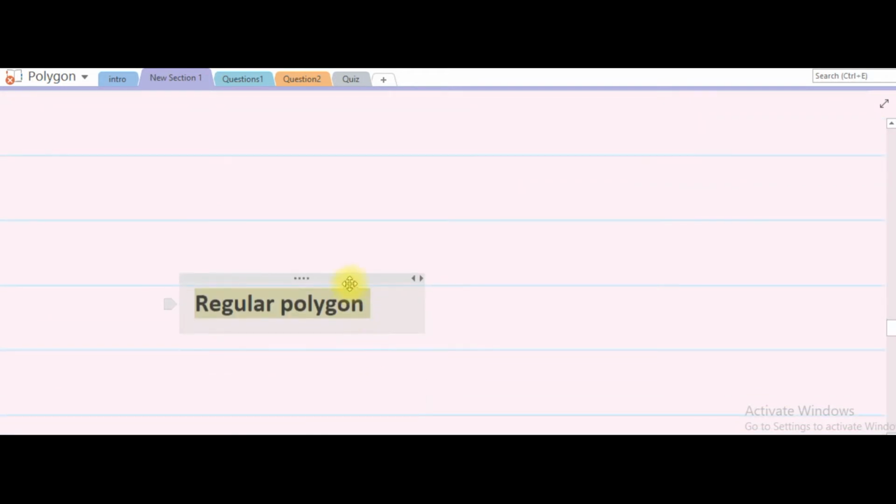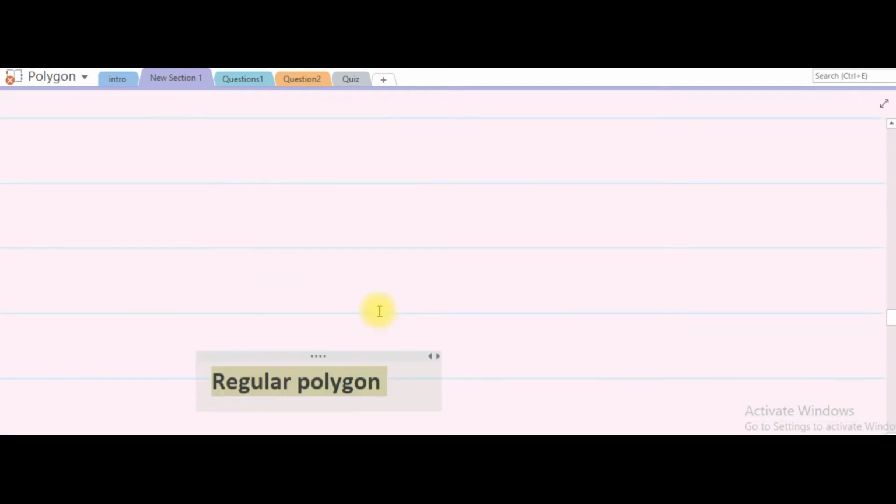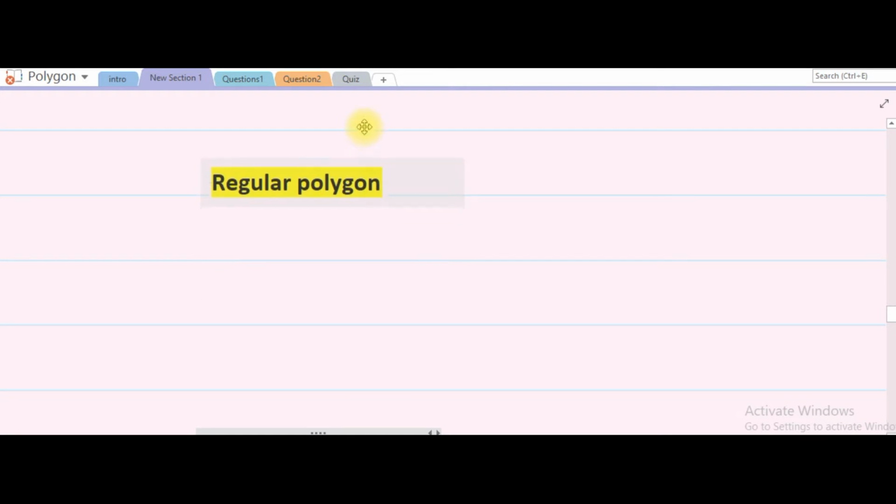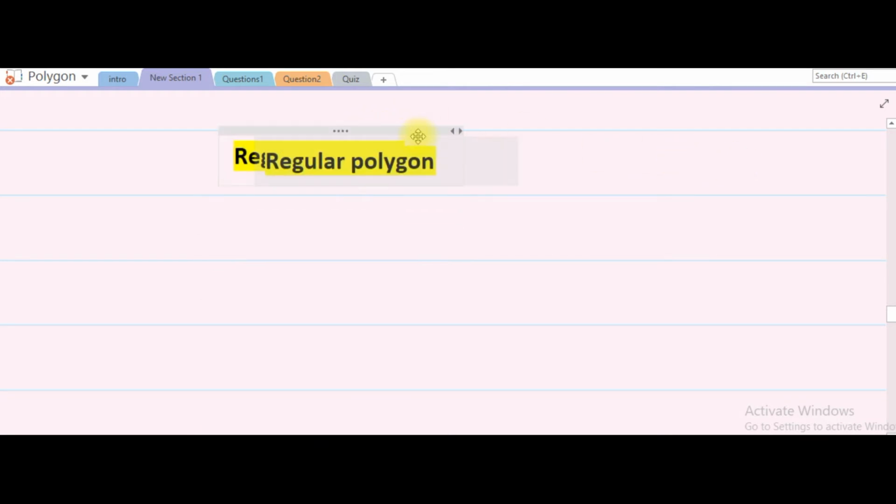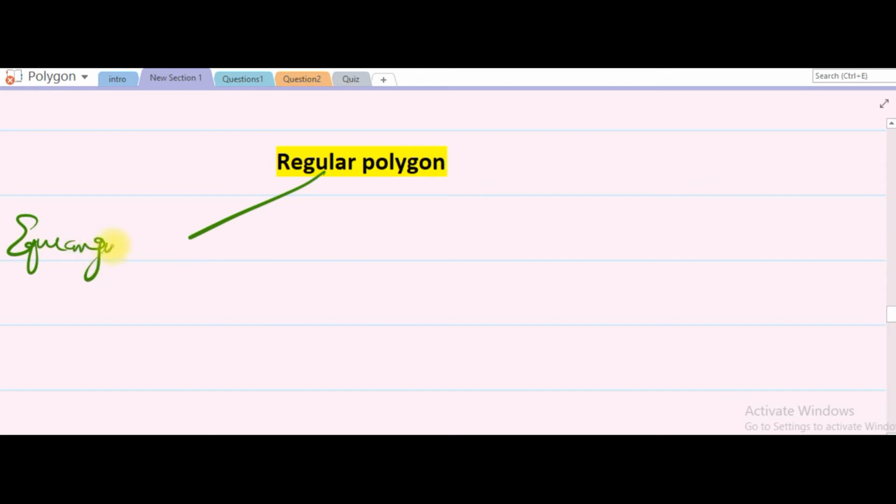The next one is a regular polygon. A regular polygon is just a polygon with equal sides and angles. That's, the sides and angles are congruent. So I'm saying that a regular polygon is equiangular and also equilateral.